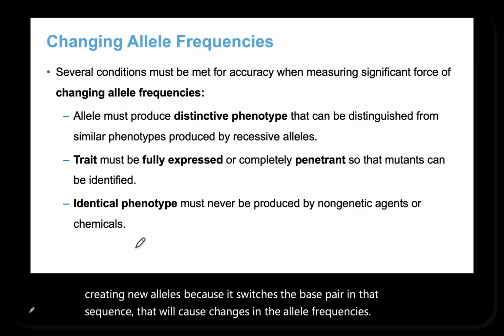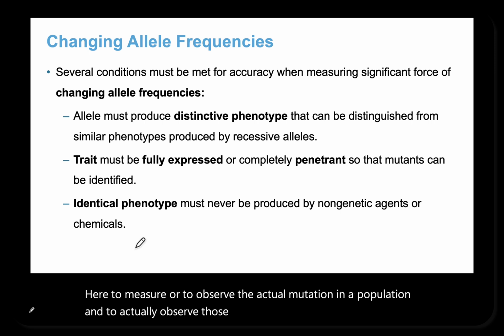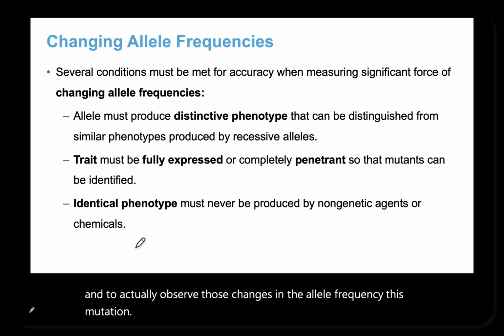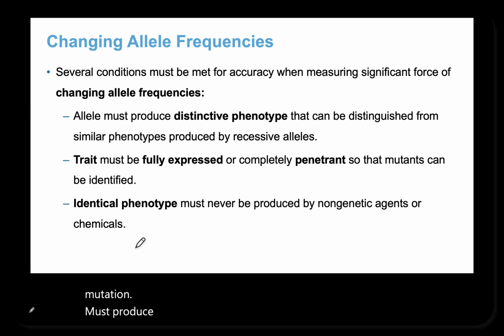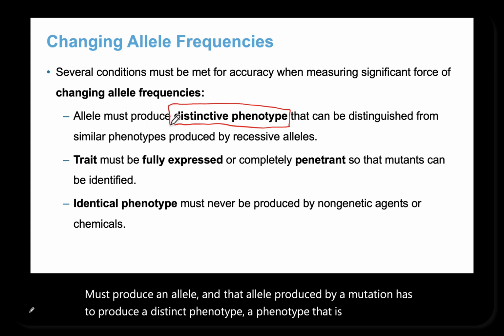Here, to measure or to observe the actual mutation in a population and to actually observe those changes in the allele frequency, this mutation must produce an allele, and that allele produced by a mutation has to produce a distinct phenotype, a phenotype that is different from one to another.